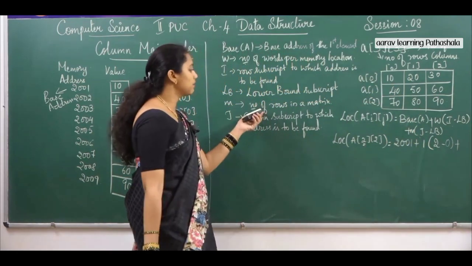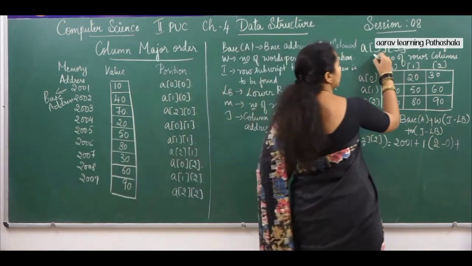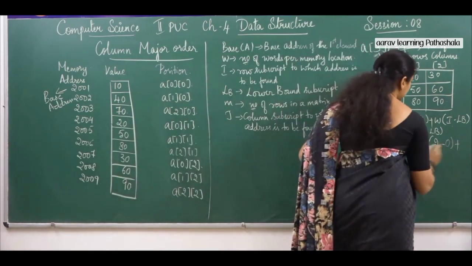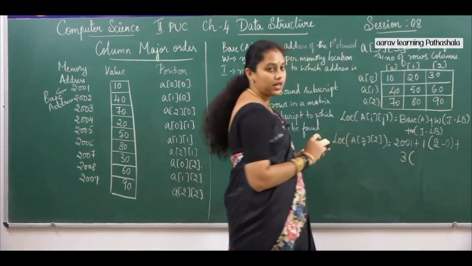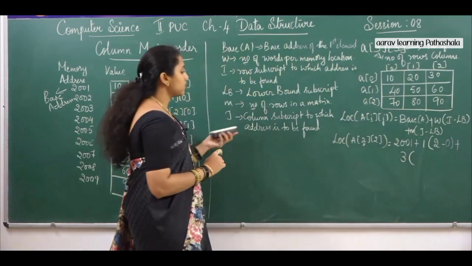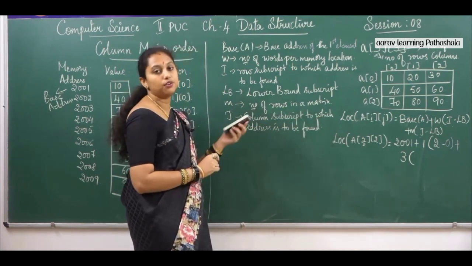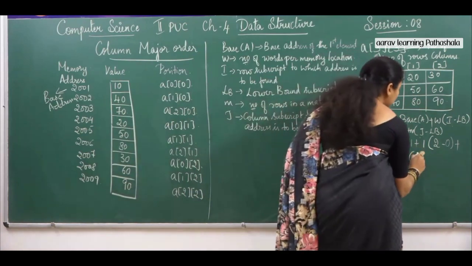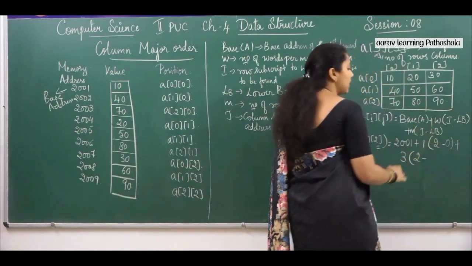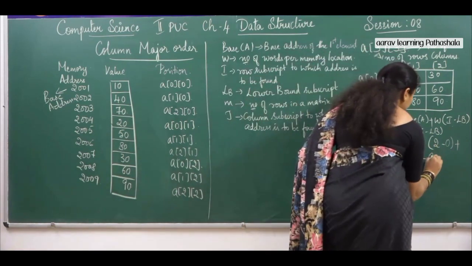M represents the number of rows in a matrix. There are 3 rows. That is 3 into J. J represents the column subscript to which address is to be found. So the value of J is 2. 2 minus LB. What is LB? Lower bound subscript, that is 0.